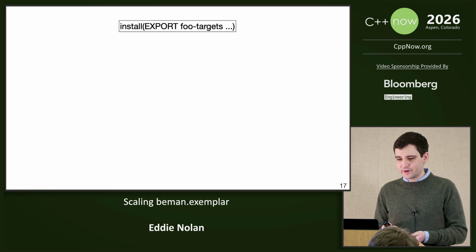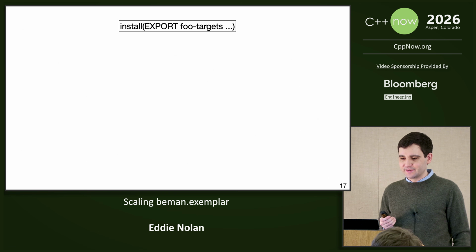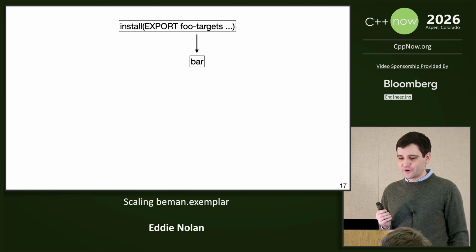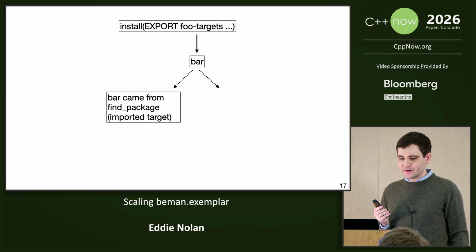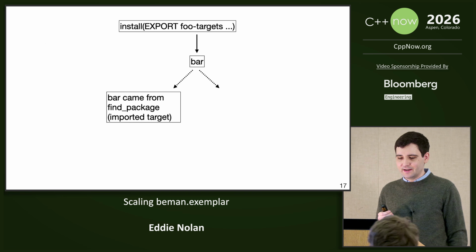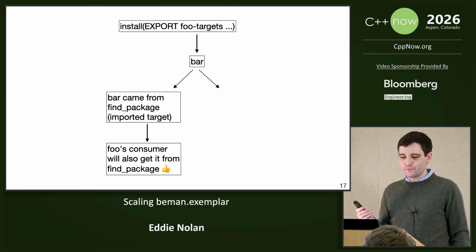So let's look at what this install logic is going to try and say. It's going to say, I notice that foo depends on bar, and that can go one of two ways. Bar can either have come from find package, it's an imported target, in which case CMake understands that the consumer of foo will probably also get bar from find package. So we don't need to install bar. It understands that you're not supposed to install your dependencies.